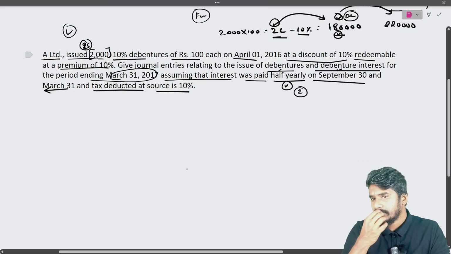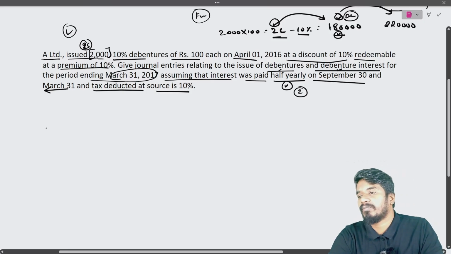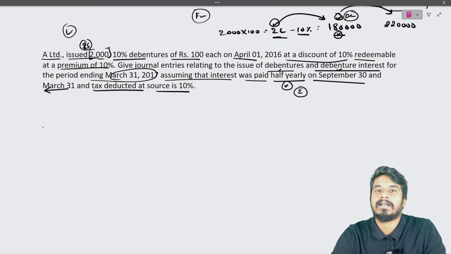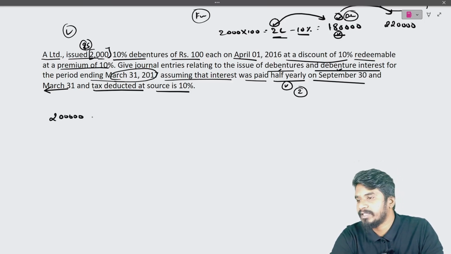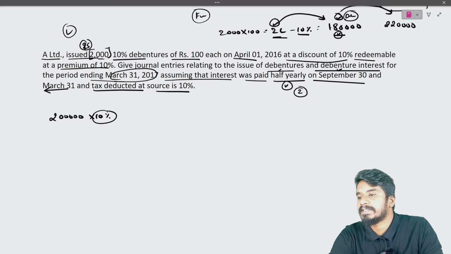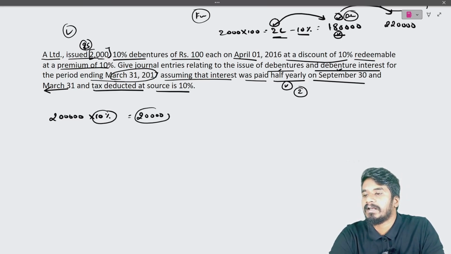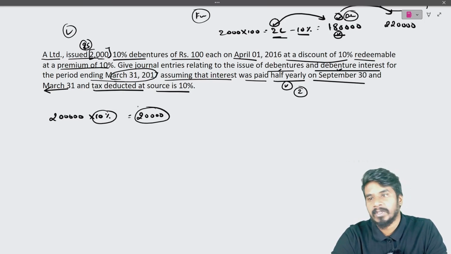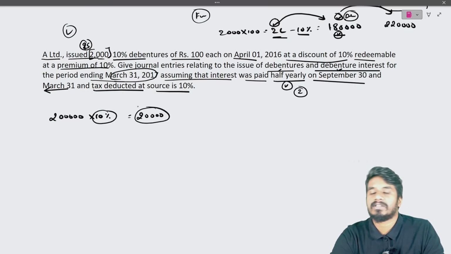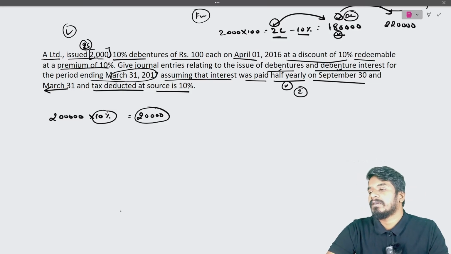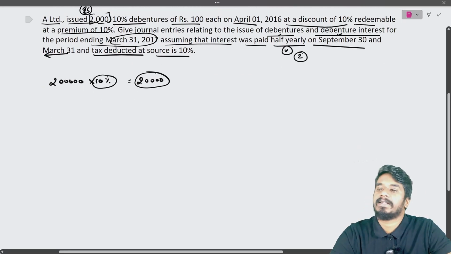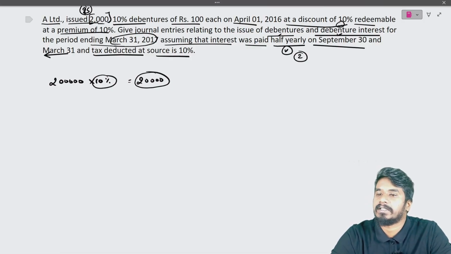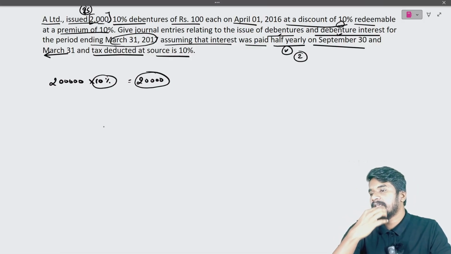So at the time of payment, they are deducting 10% tax. 2 lakh rupees is the worth of debentures, so 10% is the tax amount, that means 20,000 they are deducting as a tax. So let us see how we can journalize these things. First they have issued, so we need to make the issue entry and then go through with the debenture interest.